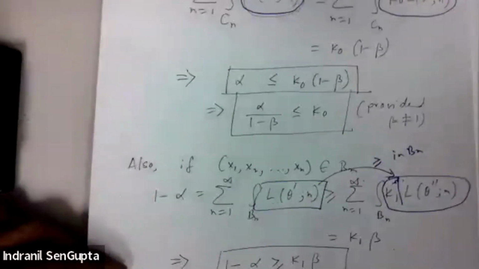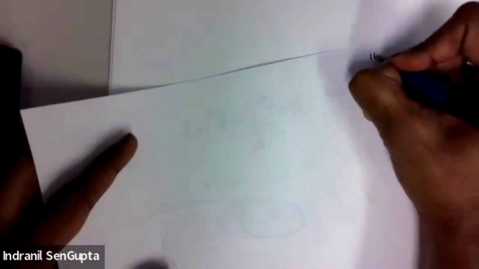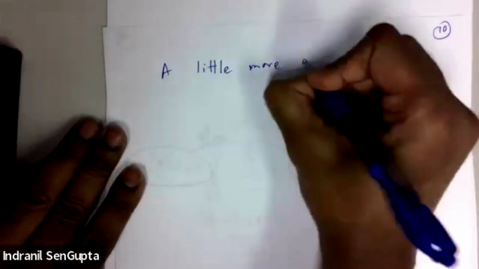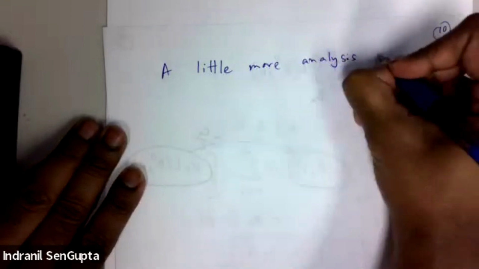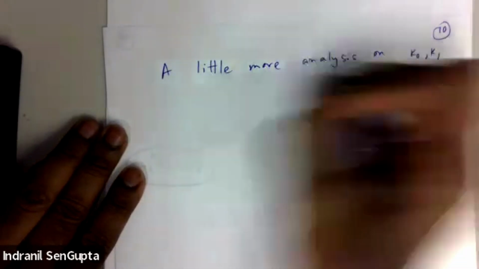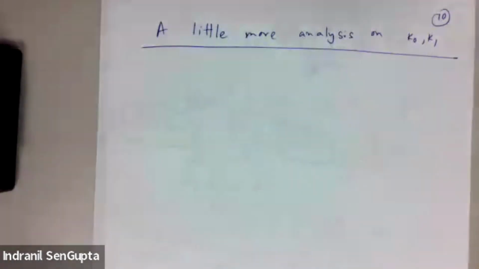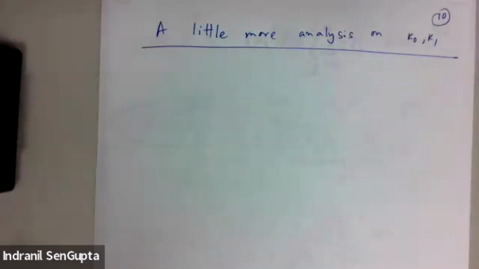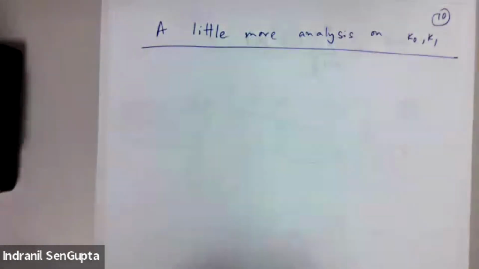So this is telling us something about the constants. So let's do a little further analysis, a little more analysis on k0 and k1. We understand its upper bound and lower bound given the type 1 and type 2 error. So the way we'll be dealing with it is we'll be considering that some type 1 and some type 2 errors are given.